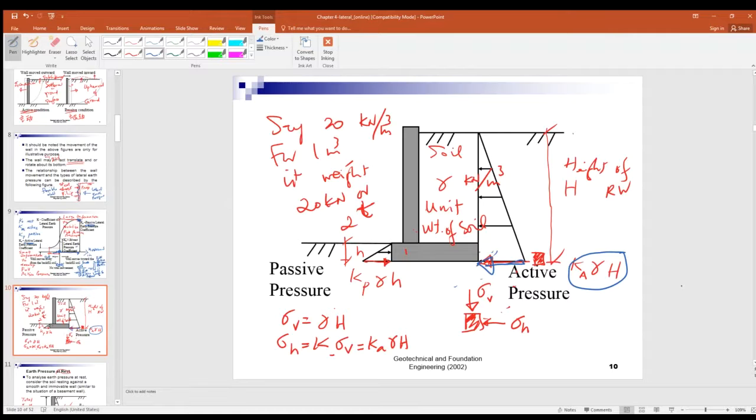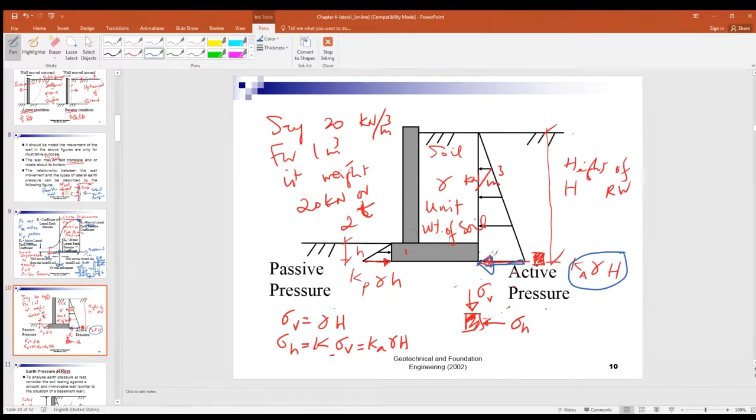In other words, if you increase H, the active pressure also increases linearly, okay? So that should be a straight line. So the pressure is directly proportional to the depth of the soil, okay? So we have done the calculation for the active pressure.